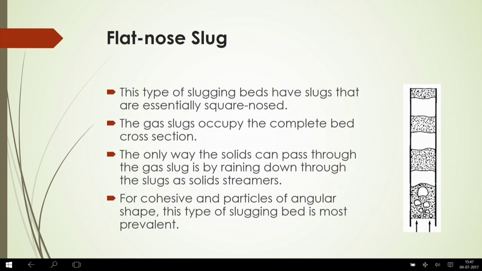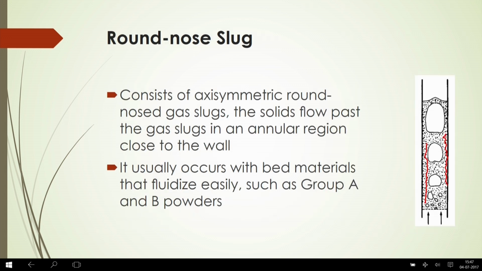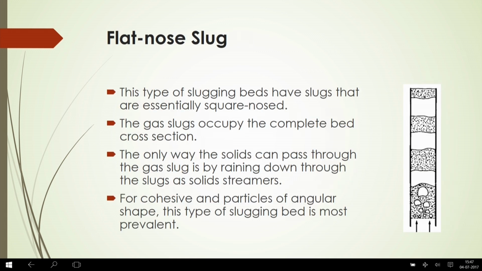Whereas flat nose slug, this type of slugging beds have slugs that are essentially square nosed, and the gas slugs occupy the complete bed cross section, and the only way the solids can pass through the gas slug is by raining down through the slugs as solid streamers.